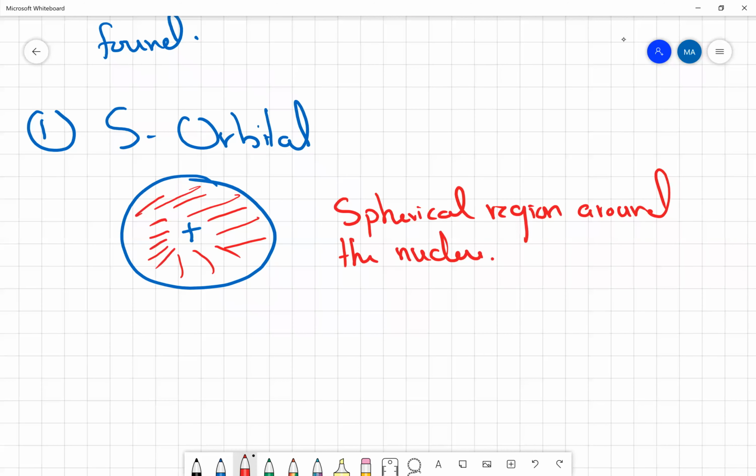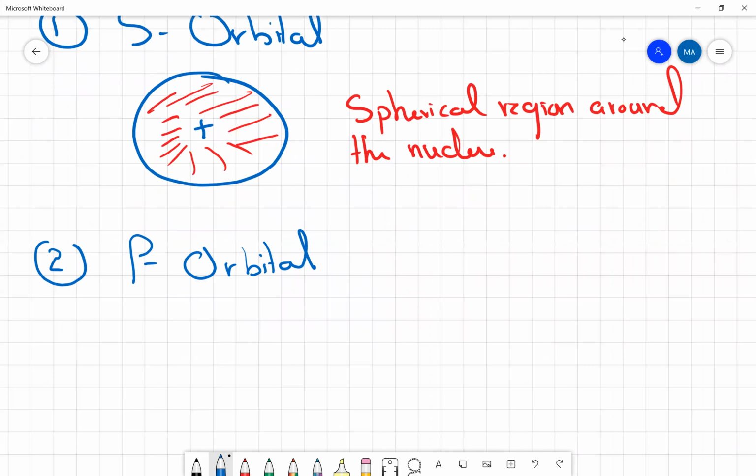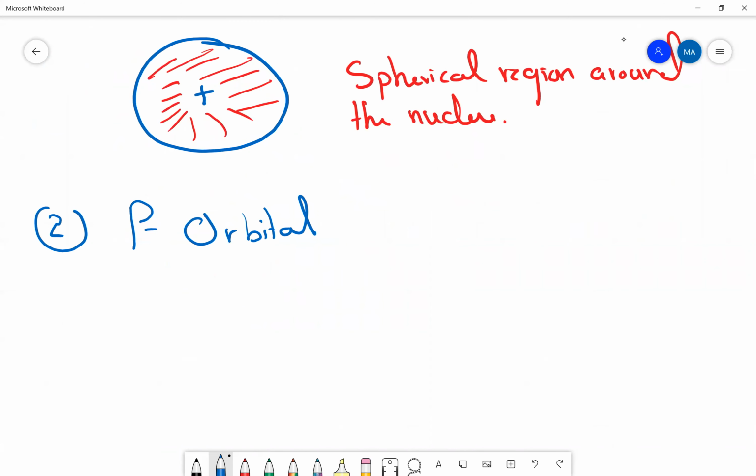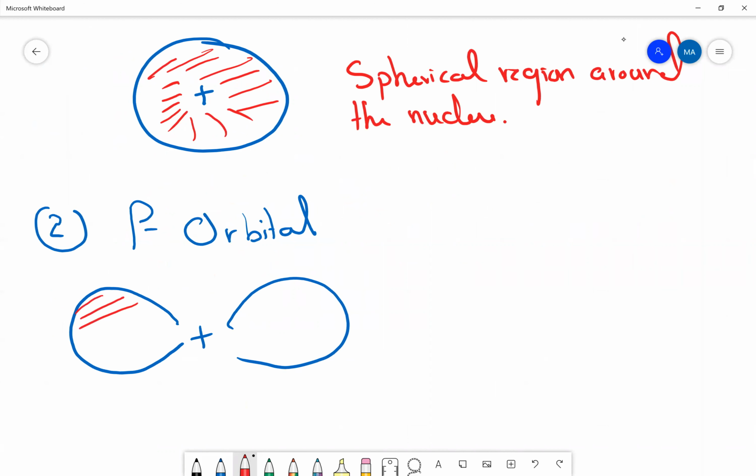Similarly, the second type of orbital is a p orbital. A p orbital is not a sphere. It has two oval shaped regions around the nucleus. So imagine this is a positive nucleus, and then this positive nucleus has these two oval shaped regions on the sides where the electron could be found.